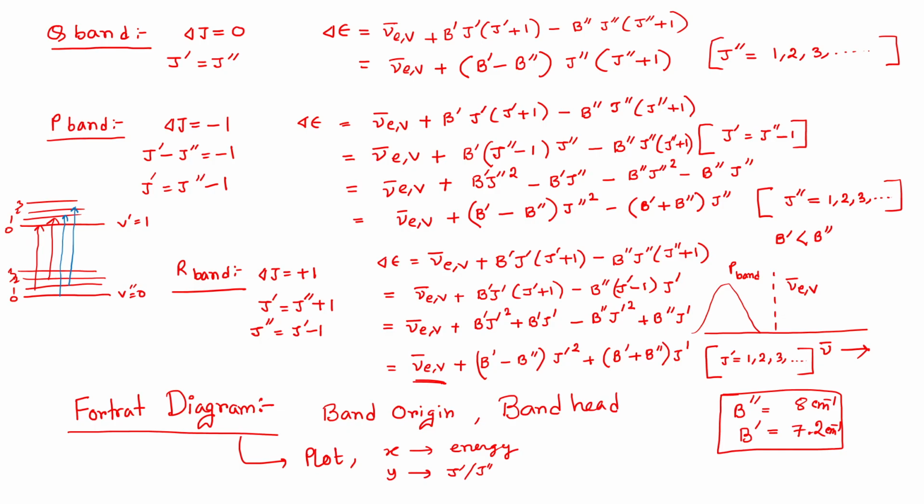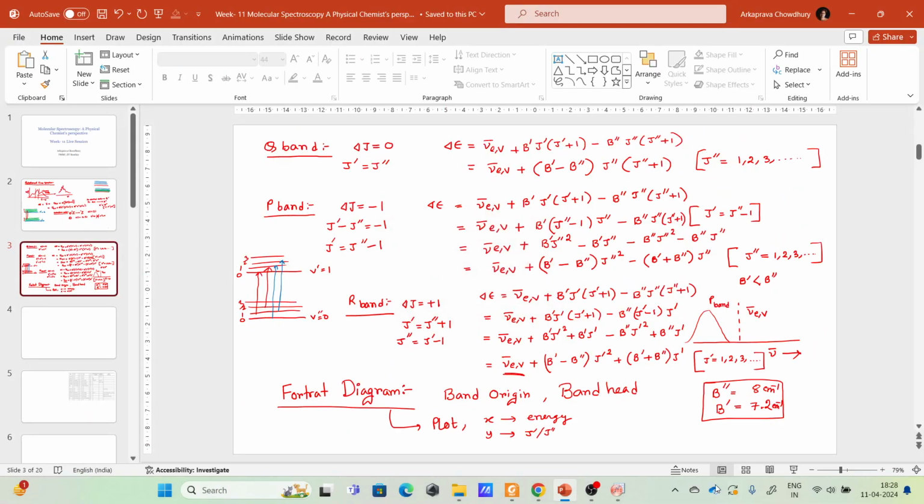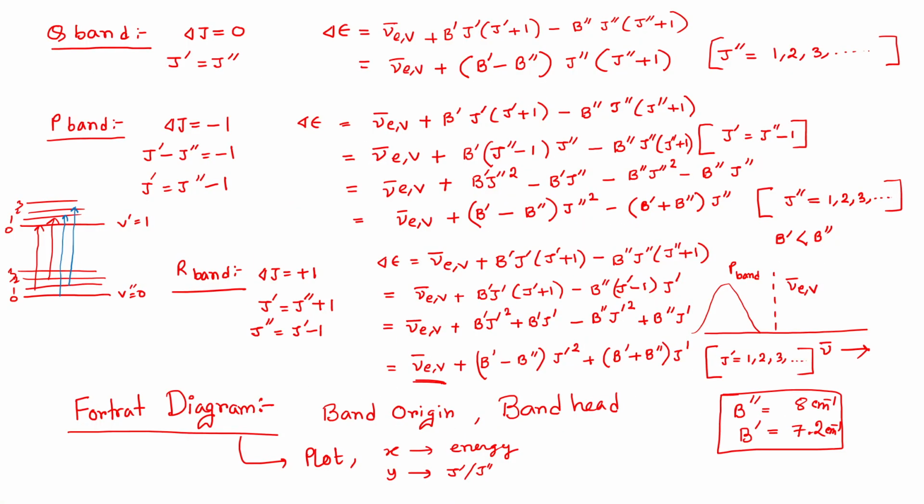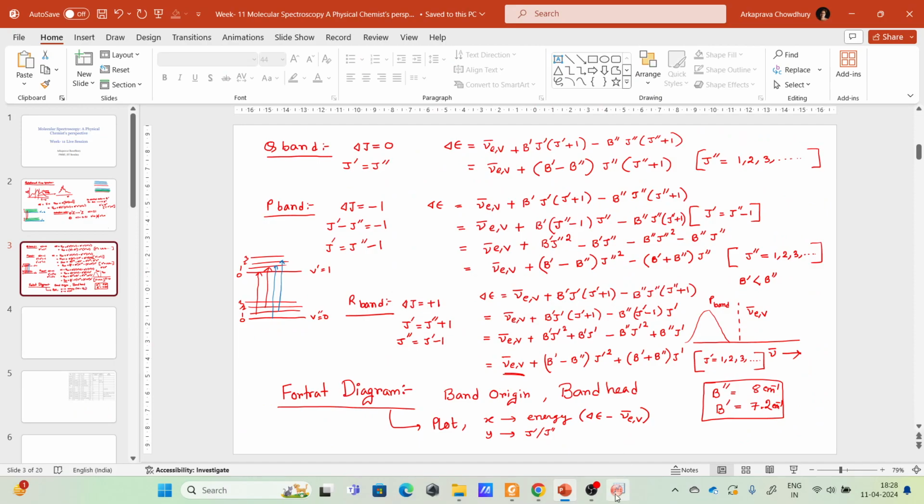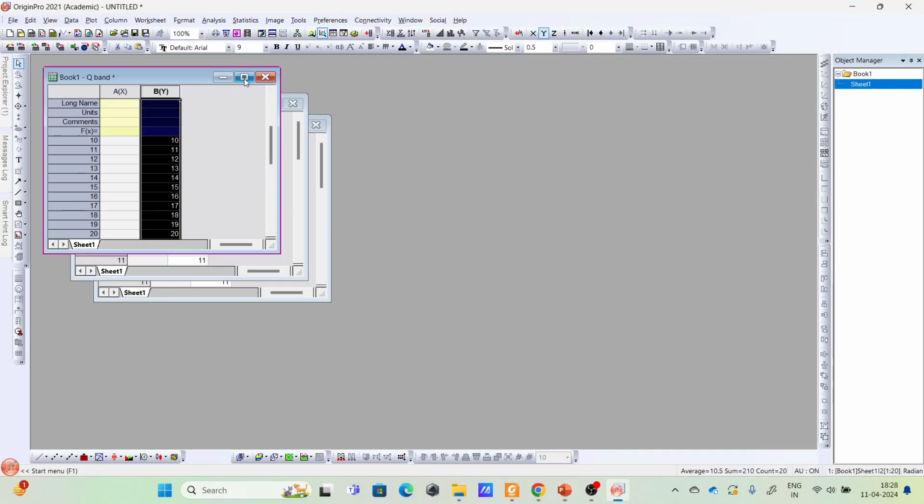Suppose I am not writing the band origin; right now it is taken at 0. We are trying to plot the energy, that is, delta epsilon minus the band origin.